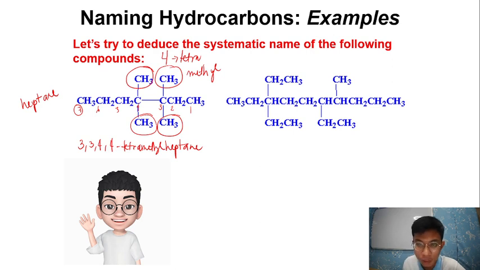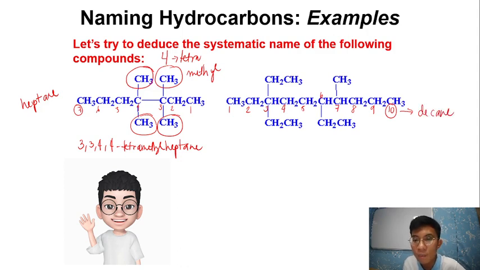So, meron kayo dito, 1, dito yung unang substituent. So, 1, 2, 3, 4, 5, 6, 7, 8, 9, 10. Oh, 10. So, ano nga ang prefix and suffix para sa 10? So, we have a decane.